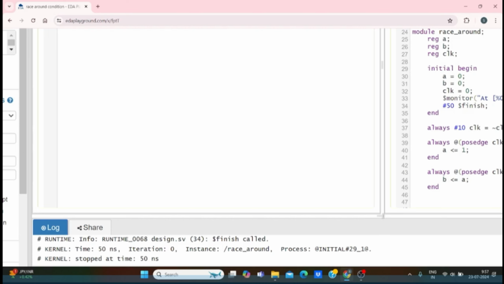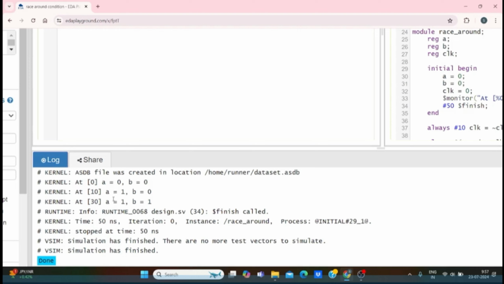So that is why here A equal to 1 and B equal to 1. Okay, so these are the values you want, is it or not? At the first clock cycle I want A value to be 1, and then after some period of time I want my B value to be 1. I don't want it immediately.